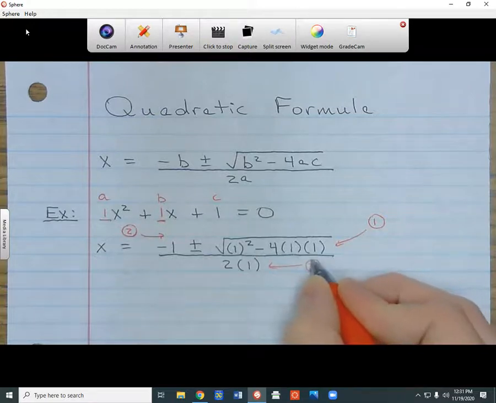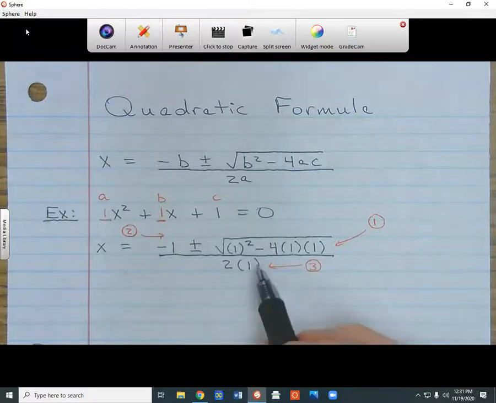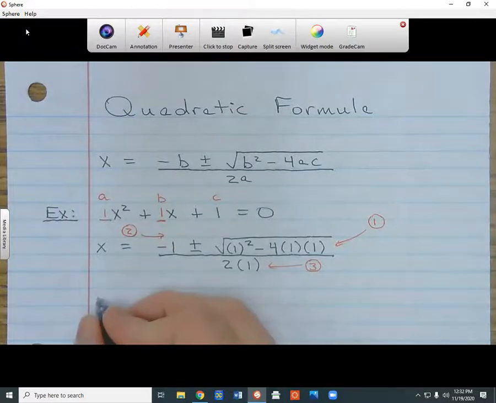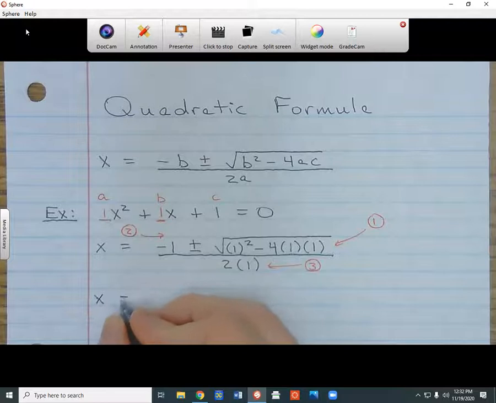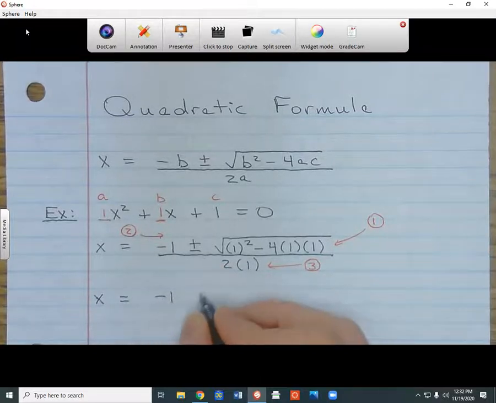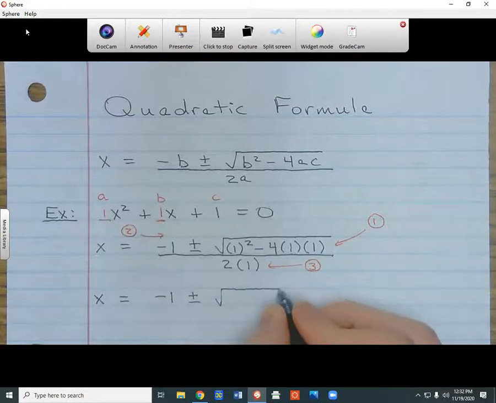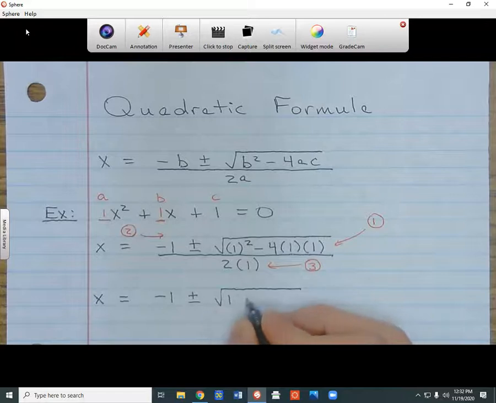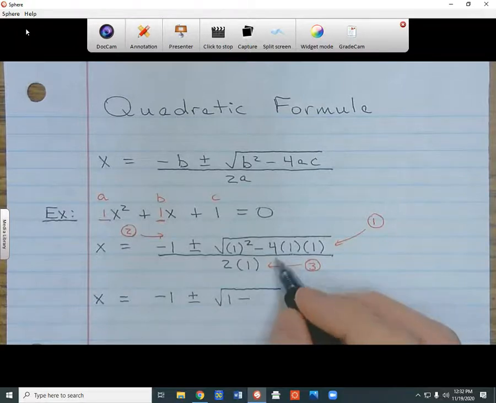Okay, so let's work inside the radical first. I bring down my x and my equal sign. My negative 1 is going to stay the same, and I bring down my plus or minus. Now, inside the radical, I have 1 squared. I know that 1 squared is 1 times 1, which is 1. And then I have a minus 4 times 1 times 1.